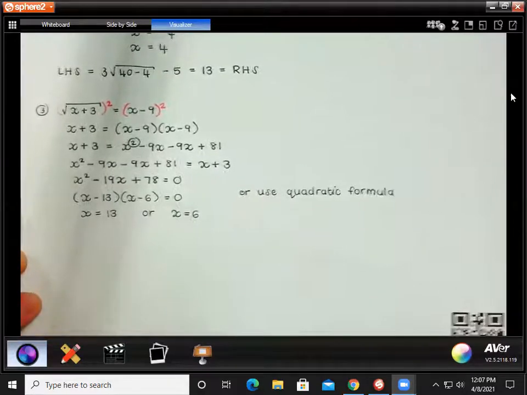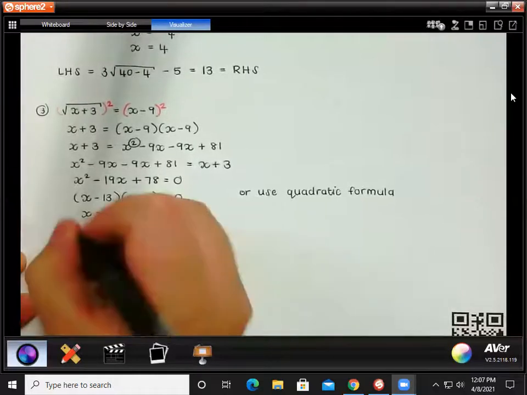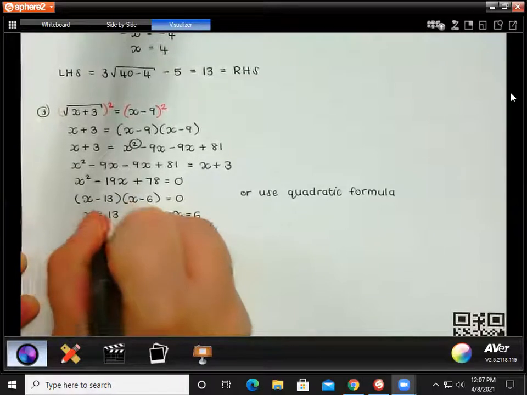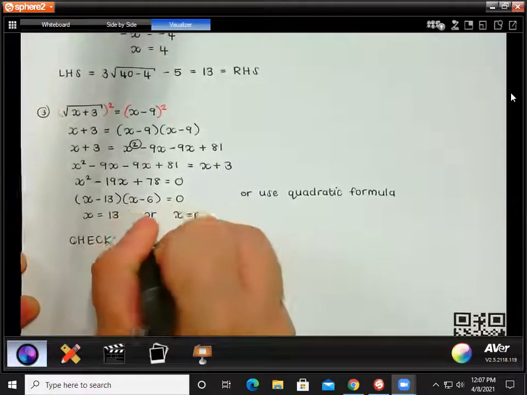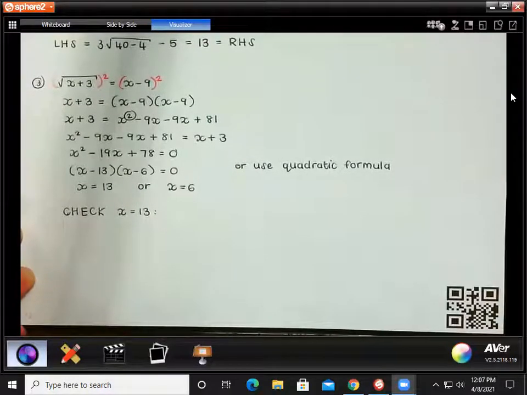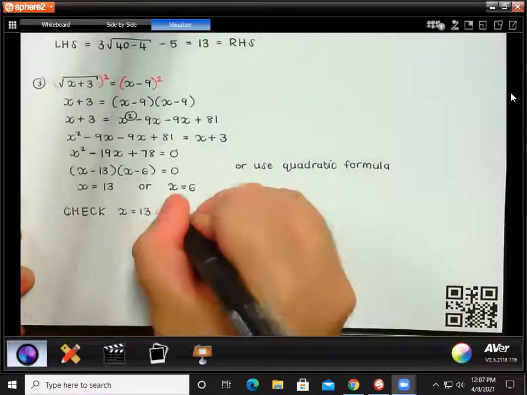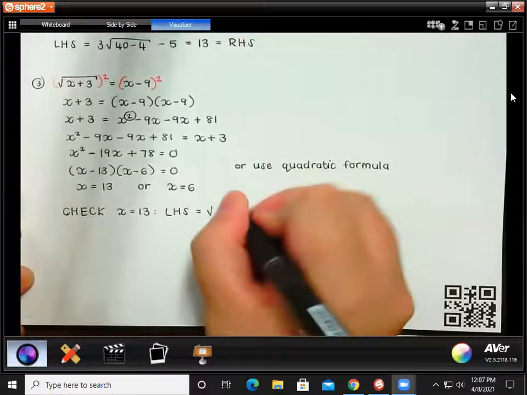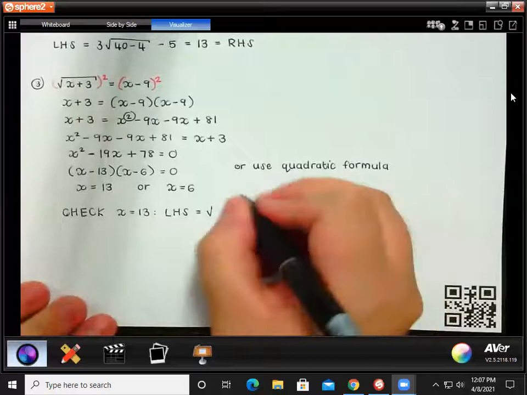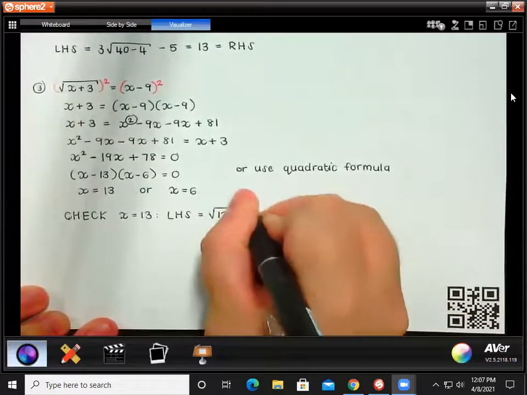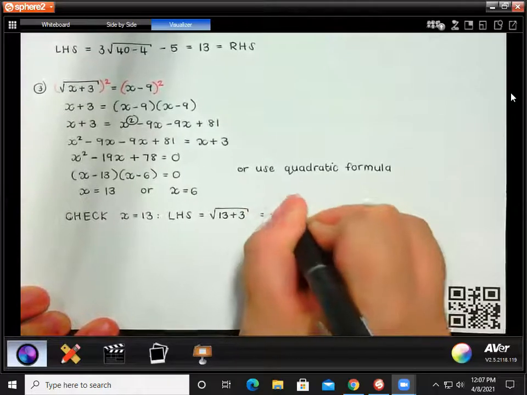Now, guys, we have two x values, so we have to do two checks. Okay, so let's check x equals 13. Let's check that one first. So on the left, we have the square root of x plus 3, which is 13 plus 3, which is just the square root of 16, hey?